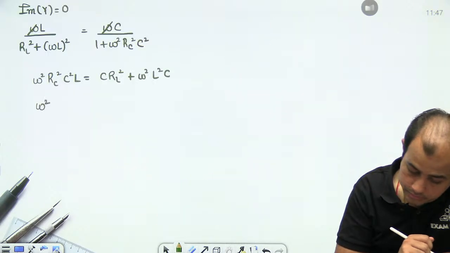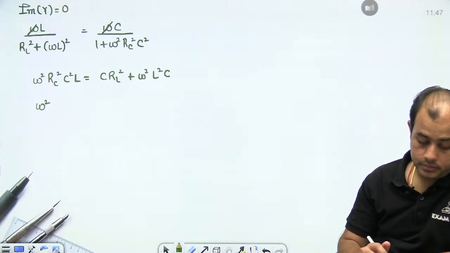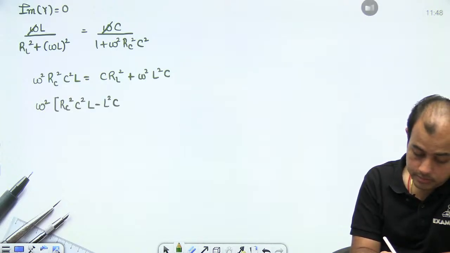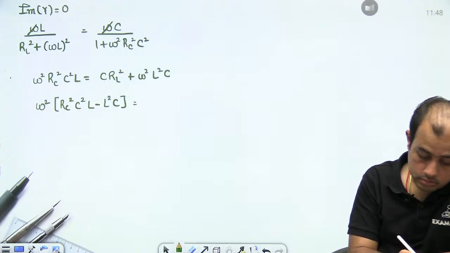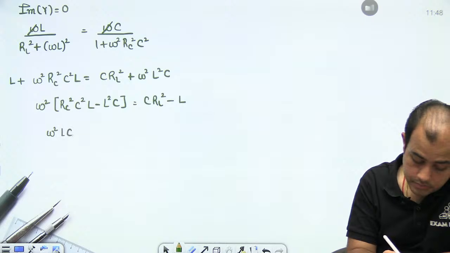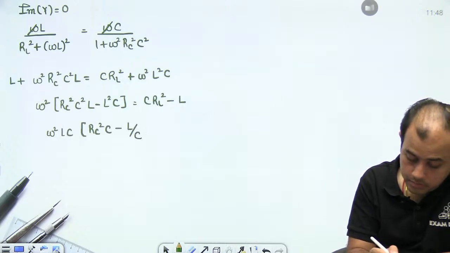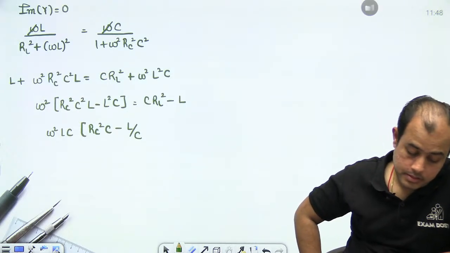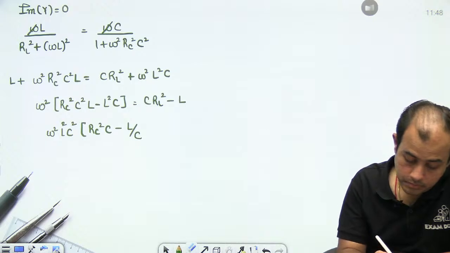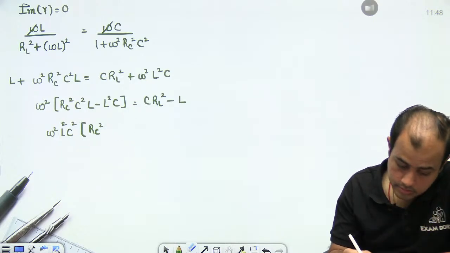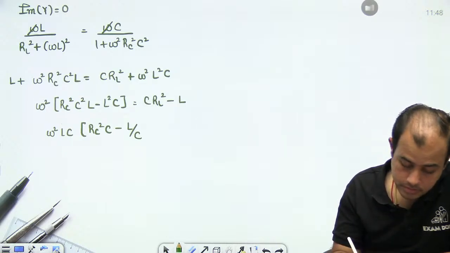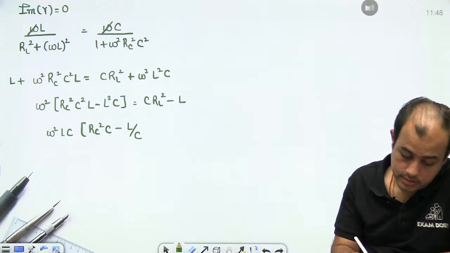Omega C. RC square C square L. L square C square, or if I take L square C. LC means C will be common, LC means L will be here.